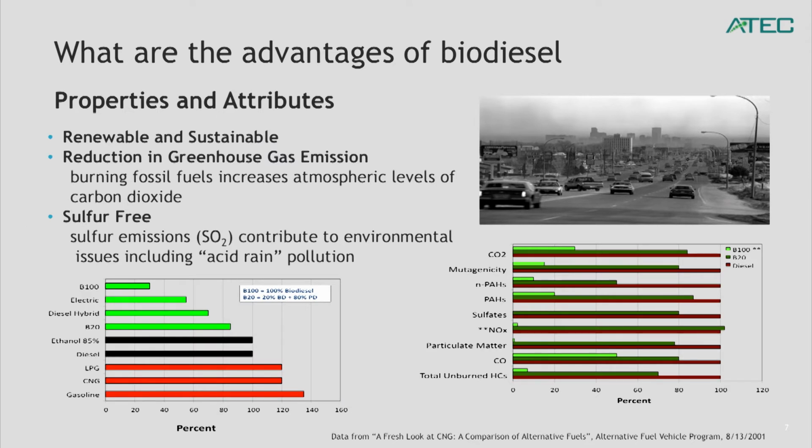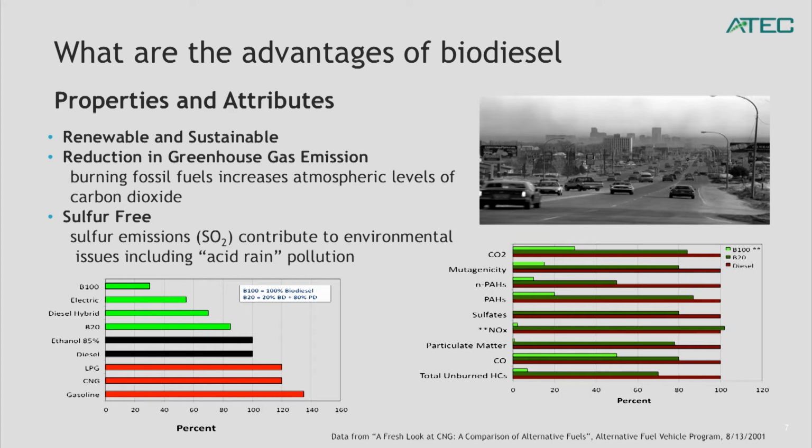Now, what are the advantages of biodiesel? On top of the fact that it's renewable and sustainable and biodegradable and non-toxic, the most important part is the reduction in global greenhouse gases. The source of the carbon is the atmosphere itself, unlike petroleum, where you're taking the carbon right out of the ground. So while we're combusting the fuel and we're going to have carbon dioxide come out of burning biodiesel, where that carbon came from in the first place was the atmosphere.